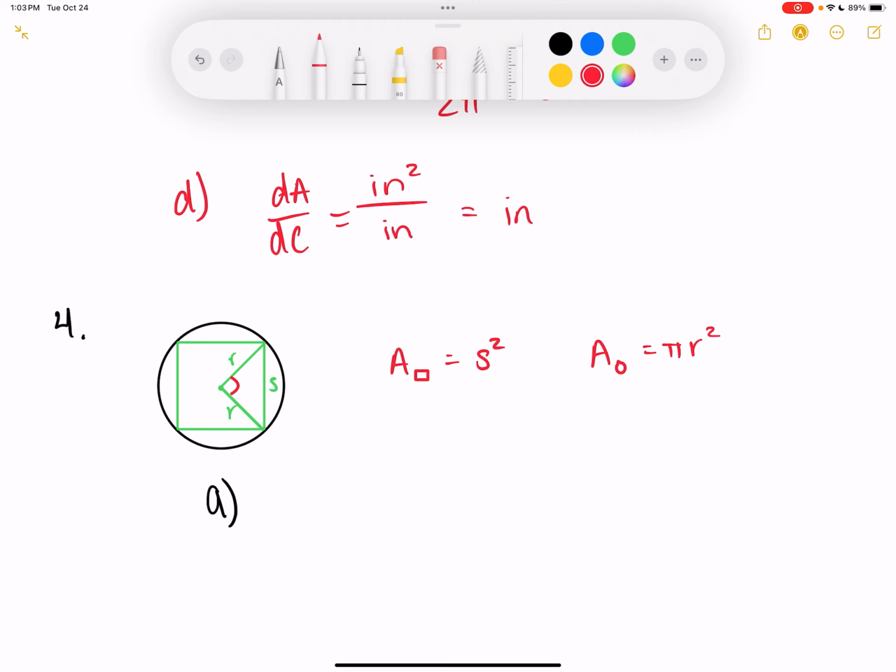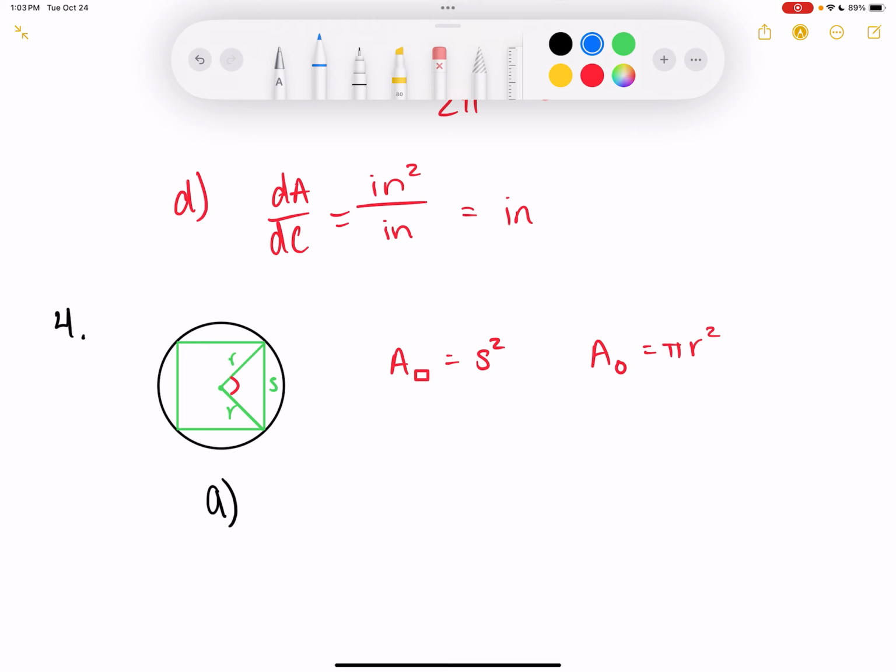As a function of the radius of the circle. Any idea what we might need to do? Write the area of the square as a function of the radius r of the circle. So basically, I need to rewrite S in terms of r. What do I know about this shape? It's a right triangle. R squared plus R squared equals S squared.